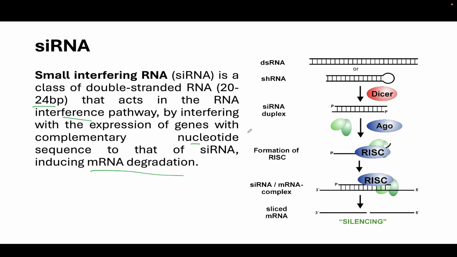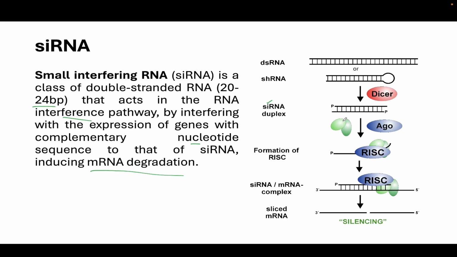See, this is a double stranded RNA or a shRNA, that is small hairpin RNA, which will be followed by dicer, that is one endoribonuclease. This is siRNA duplex. Okay, this is siRNA, it has two strands.